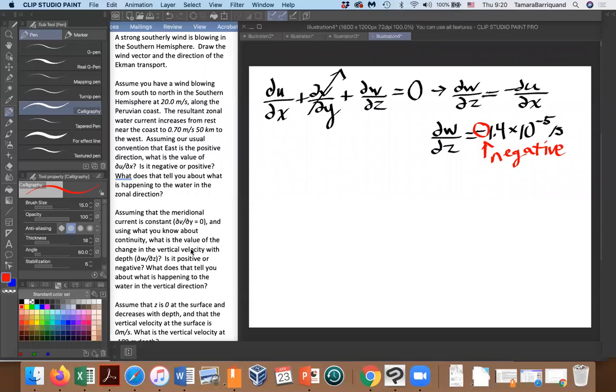So dw dz we see is negative 1.4 times 10 to the minus 5th. Is it positive or negative? It's negative. What does that tell you about what is happening to the water in the vertical direction? All right, so again, we need to think about what's going on in our box. So again, we have our imaginary box in the middle of our ocean.